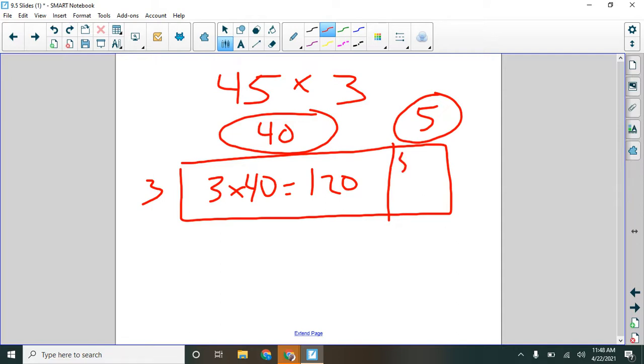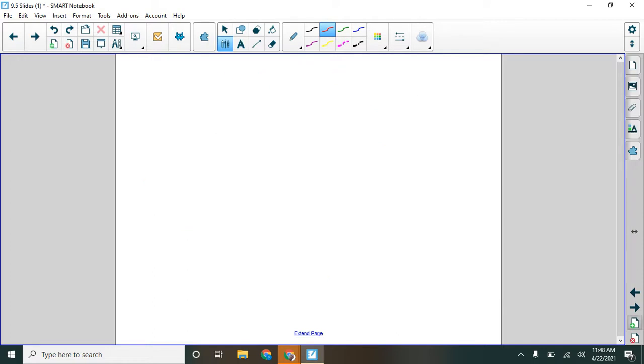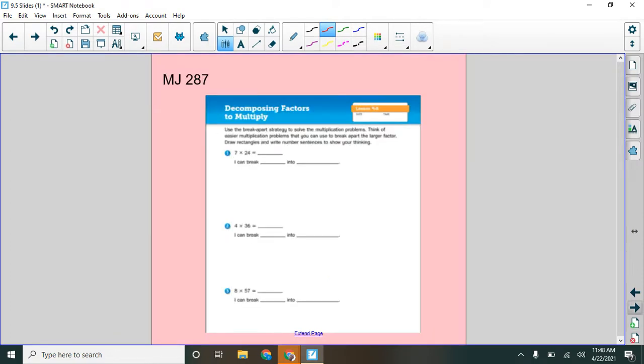It is 5 times 3 equals 15. And what do I need to do with these two numbers at the end? Add them together. This might be one you can do with mental math, at least on this problem. 135.